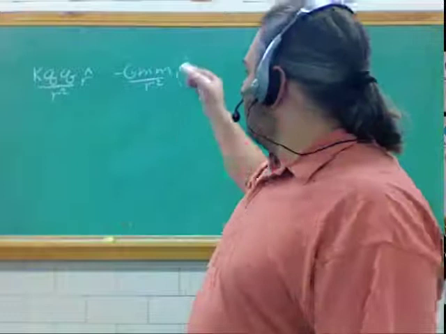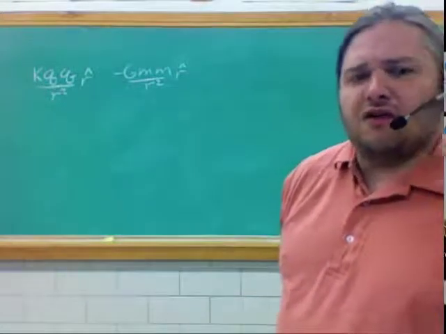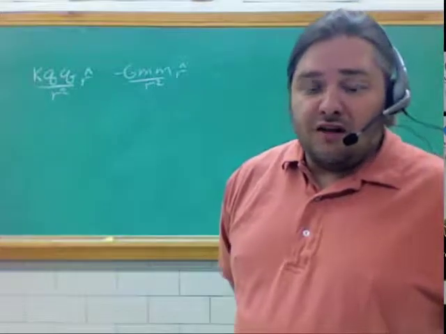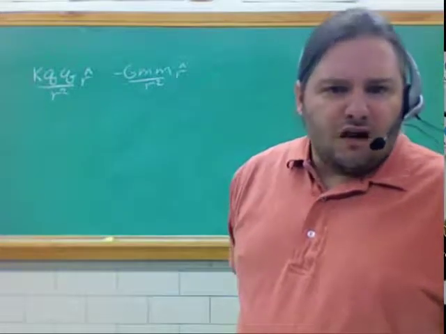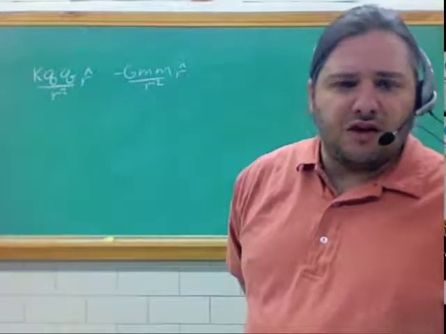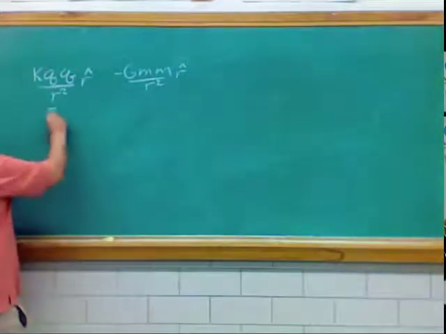So I want to look at those equations. They're all force equations. How would I take a force equation and turn it into an energy equation? Well, maybe we should go back and look at the work equation. That turned a force equation into an energy equation. The work equation was force times displacement, and each one of these is representing a force.